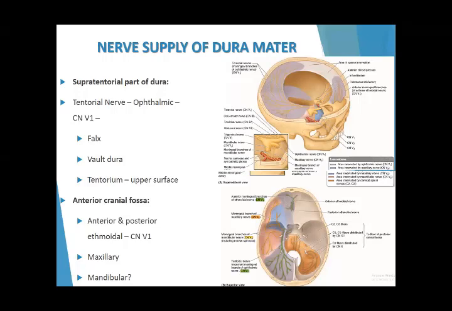Infratentorial part में आ जाएं, अब cranial fossas की बात करते हैं। आपको पता है, you have an anterior cranial fossa, you have a middle cranial fossa, you have a posterior cranial fossa.